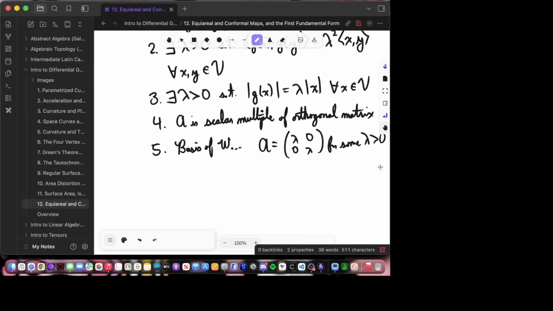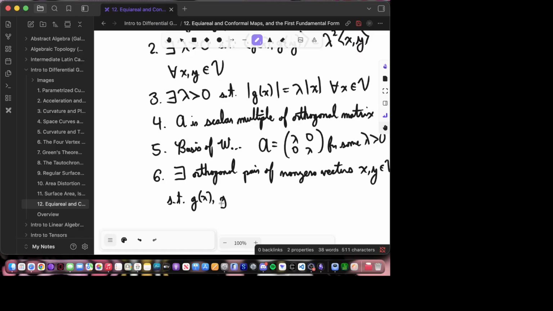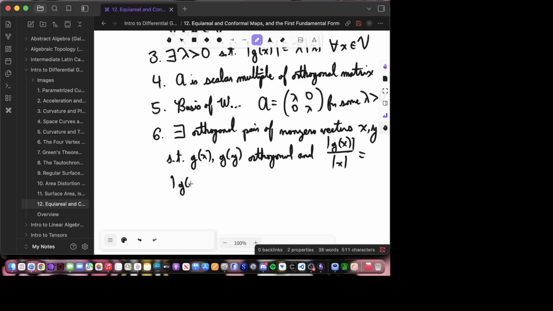And finally, there exists an orthogonal pair of non-zero vectors x and y in V such that G of x and G of y is orthogonal, and that following equation holds.